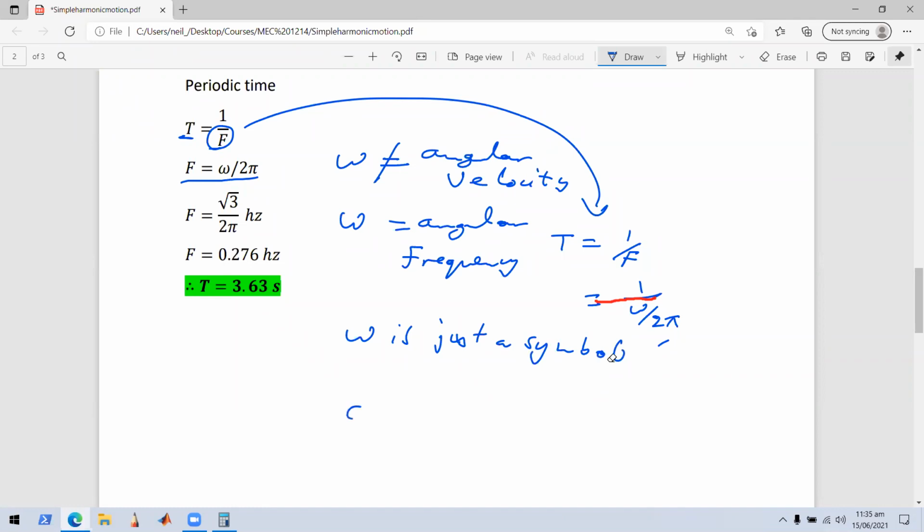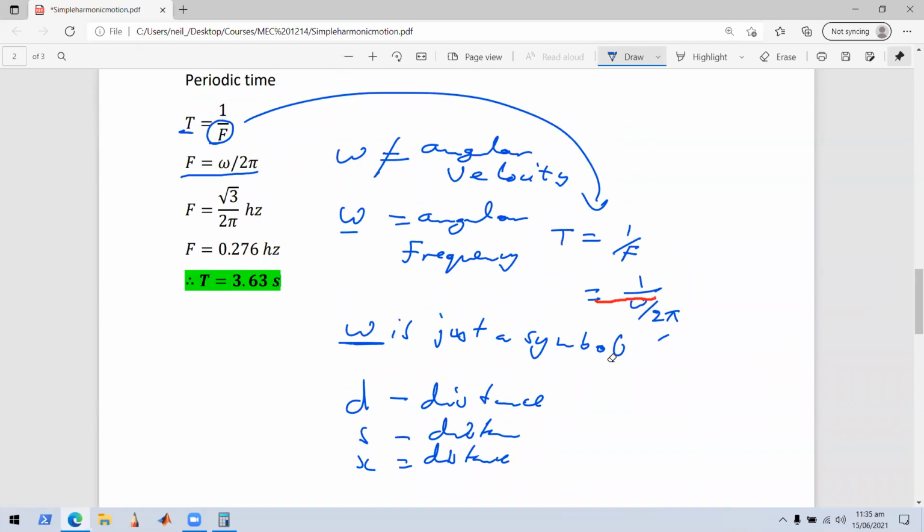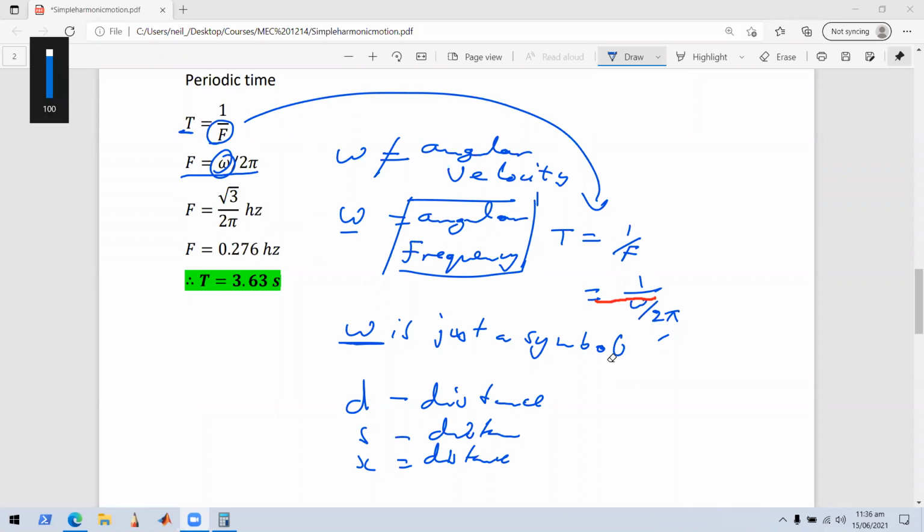In the same way, we sometimes use D for distance, and sometimes use S for distance, and X for distance, right? The same way, sometimes we use omega for angular velocity, and sometimes we use omega for angular frequency. In this case, this is angular frequency, omega. Okay? Oh, that makes perfect sense. I had another question after this, but seeing that you just explained, everything ties together.